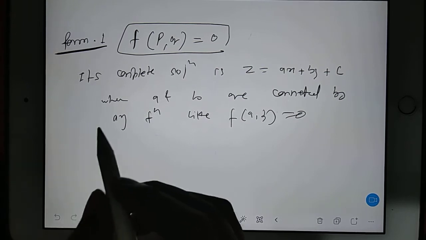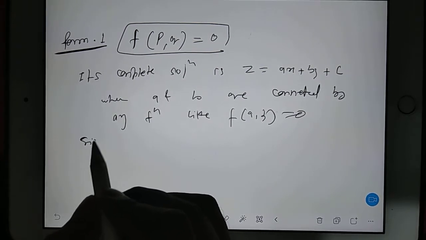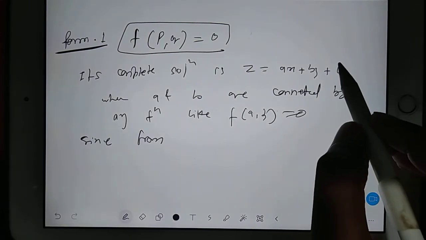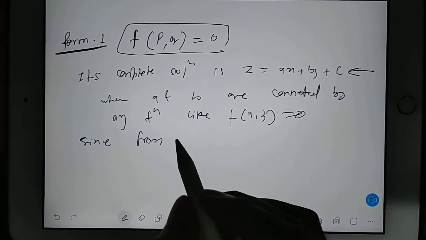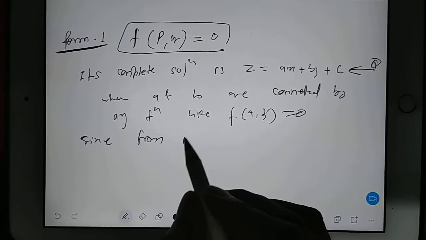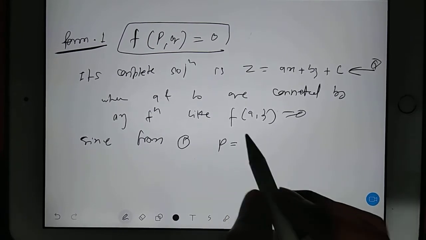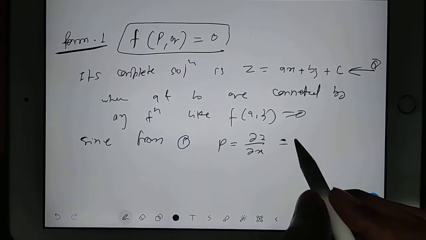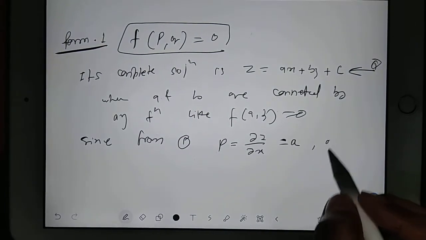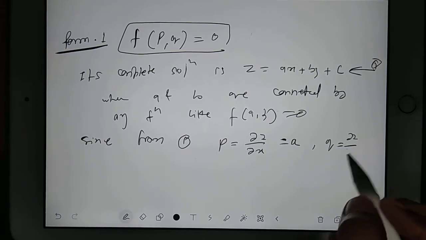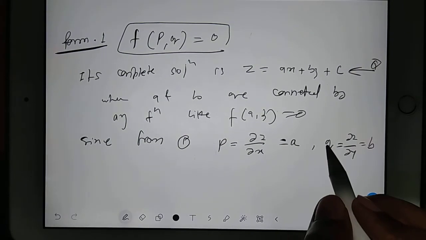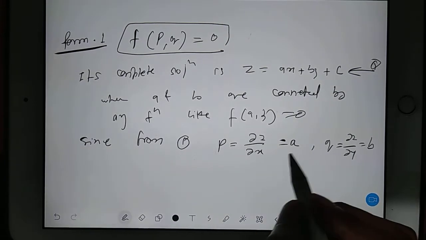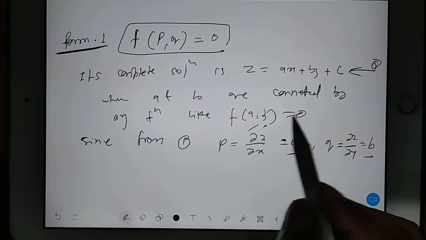Now, from equation 1, p is nothing but ∂z/∂x, that is nothing but a, and q is nothing but ∂z/∂y, that is nothing but b. So these two values we will substitute in the relation.